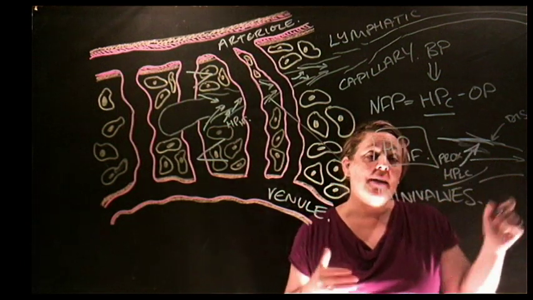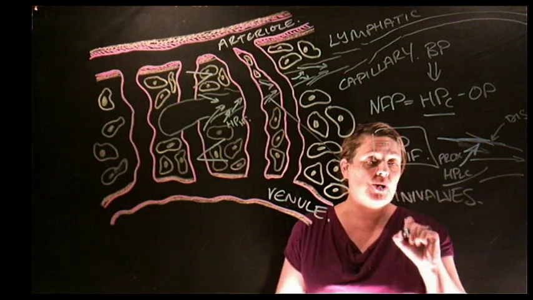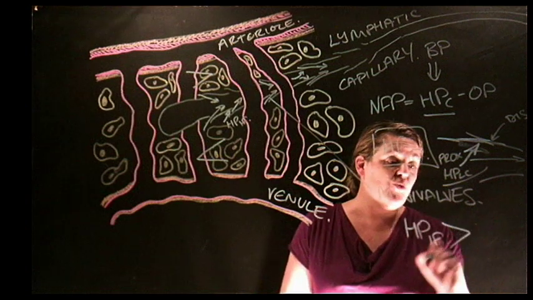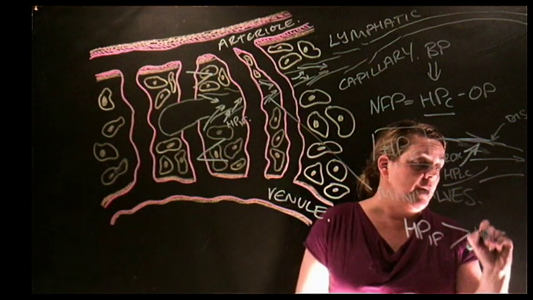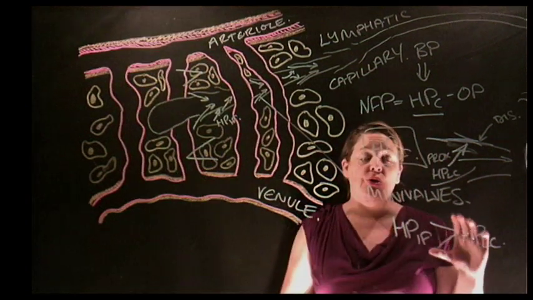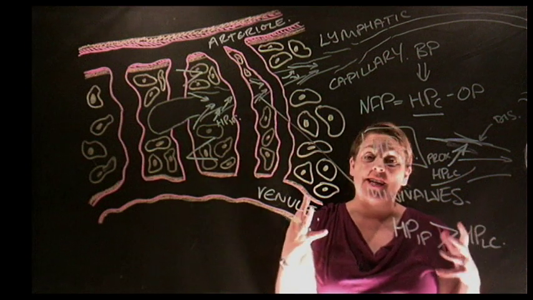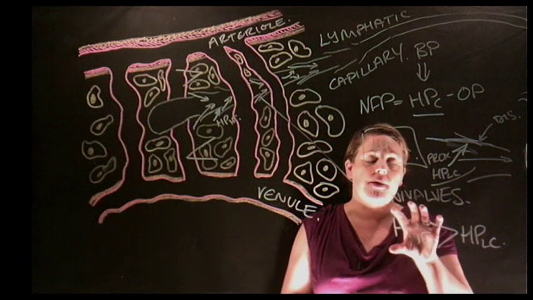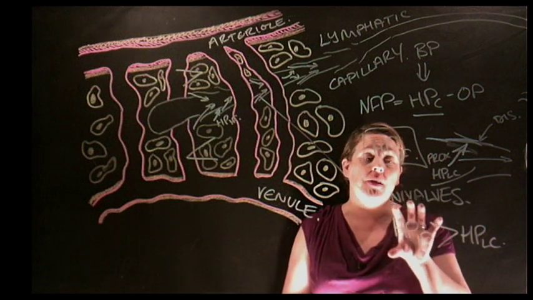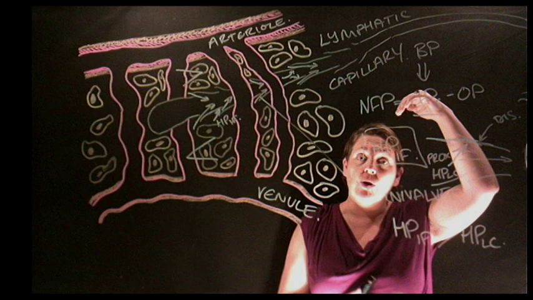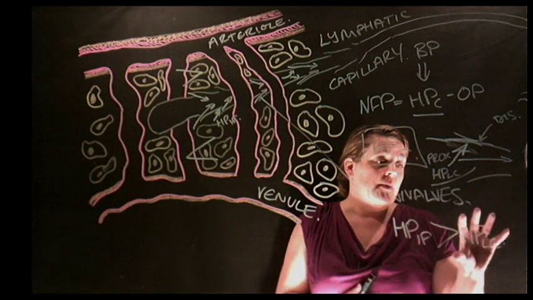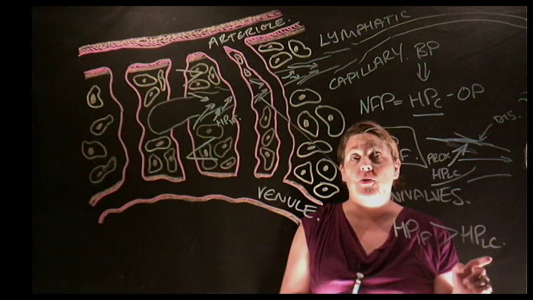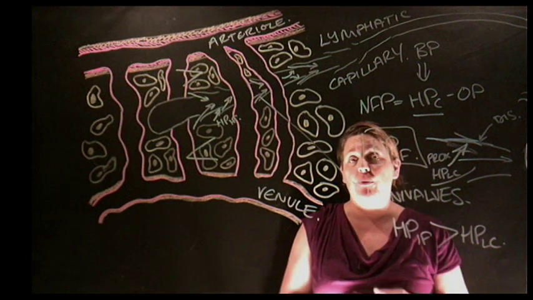For fluid to enter, the hydrostatic pressure of the interstitial fluid has to be greater than the hydrostatic pressure. To ensure that fluid gets into the lymphatic capillary, you need to have greater hydrostatic pressure of the interstitial fluid pushing on top of the valve, and it has to be greater than the pressure inside the lymphatic capillary pushing underneath the valve.